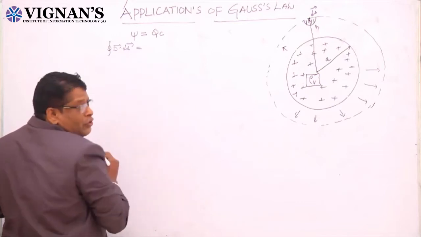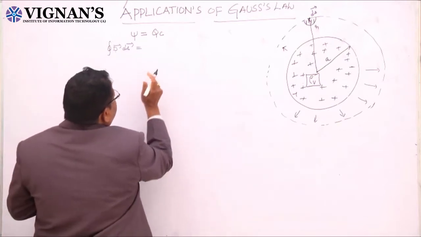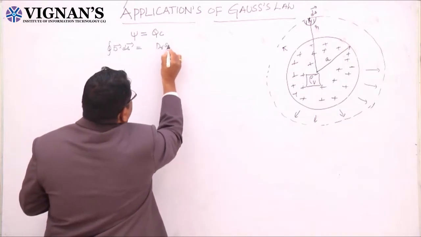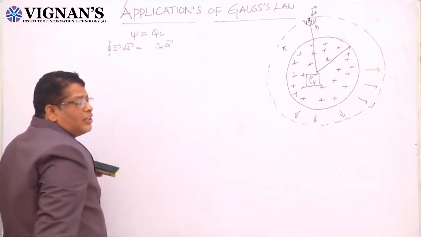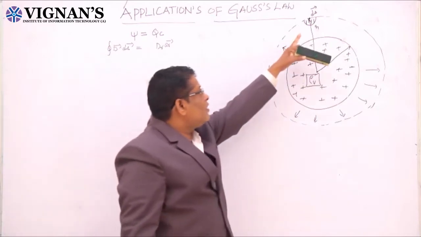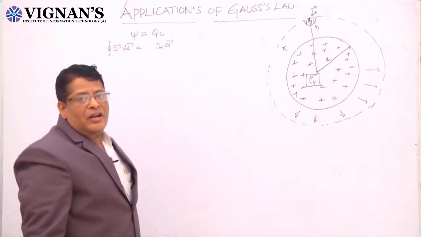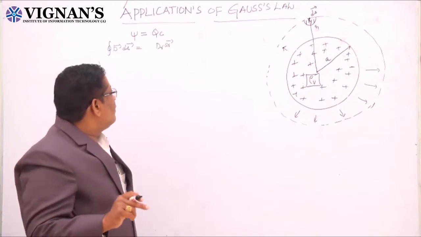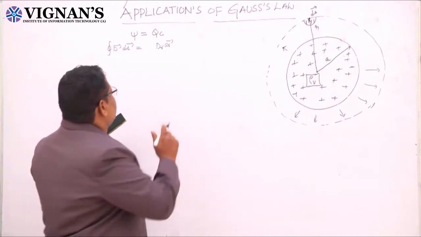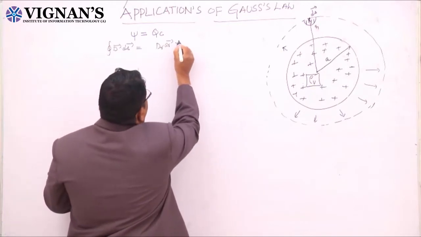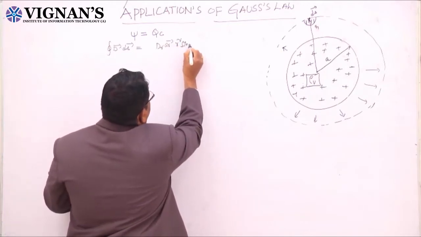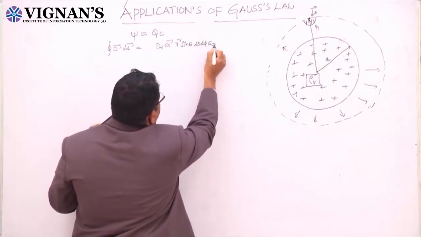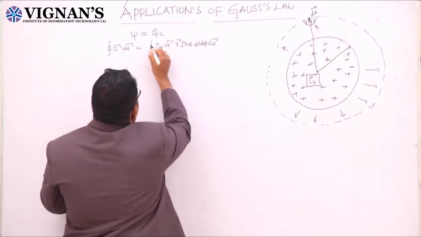Here D bar we can write as D ar bar. ds bar is a differential surface area perpendicular to the radius of the sphere, which in the spherical coordinate system we write as r square sin theta d theta d phi ar bar. This is a surface integral.